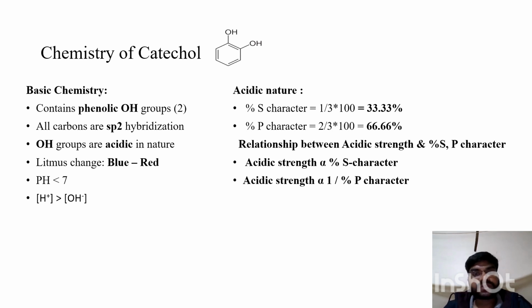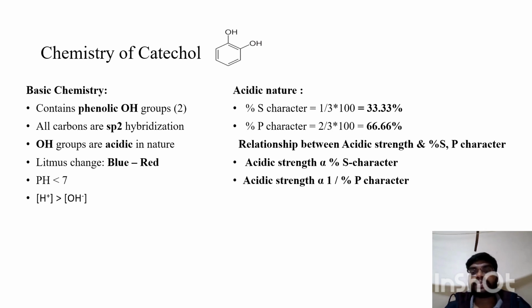Coming to the P percentage, how do we calculate the P character? There are 2 P orbitals and overall 3 orbitals, so 2 divided by 3 multiplied by 100 gives 66%. Regarding acidic strength, we know the relationship that acidic strength is directly proportional to the percentage of S character.